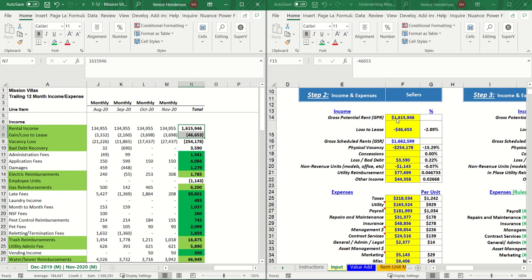Up here I had 1615,946. And then I should be subtracting 1569,293. Bingo, that's what's happening here. So here I entered this as a negative and it was screwing everything absolutely up. So if I do this, now it adjusted it, okay?